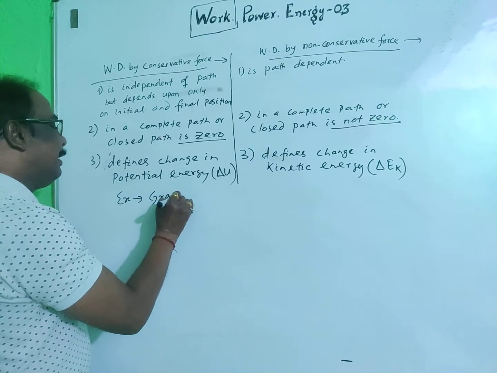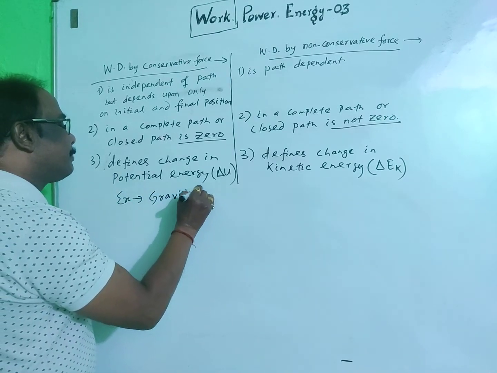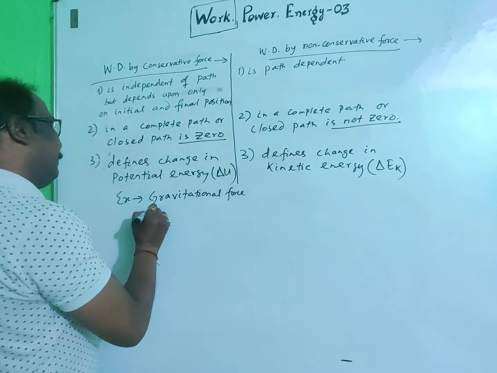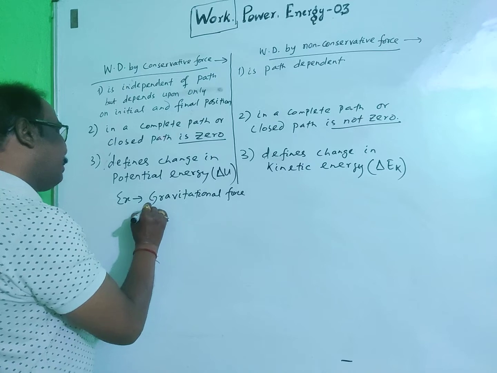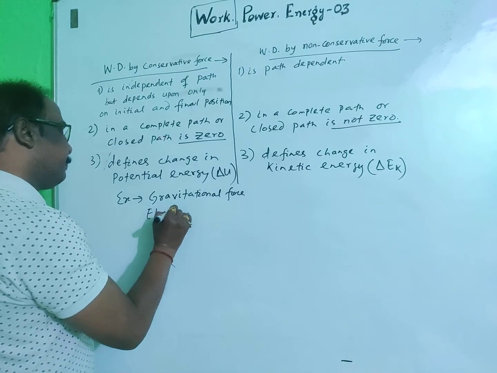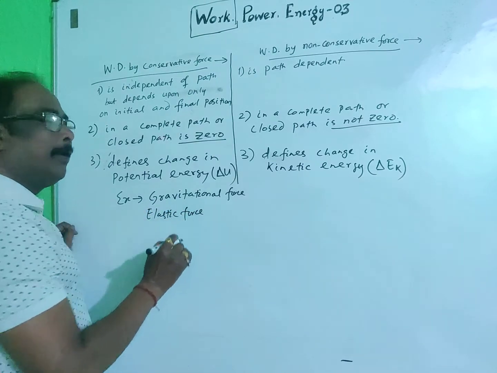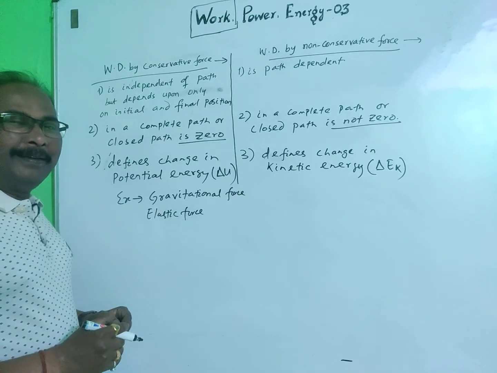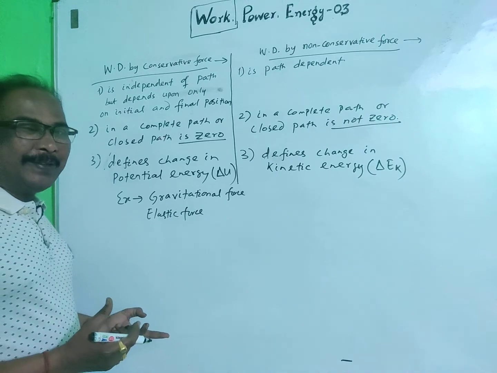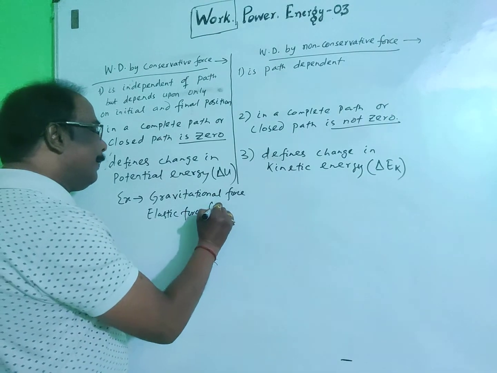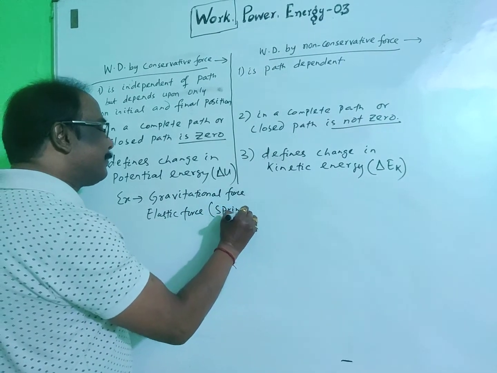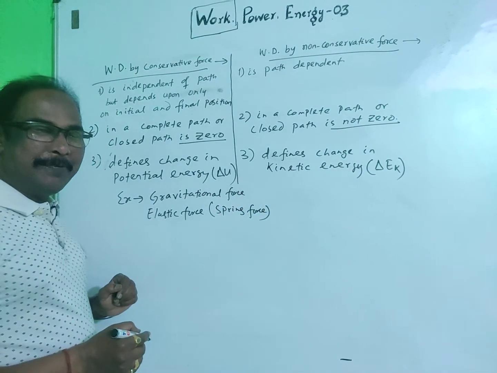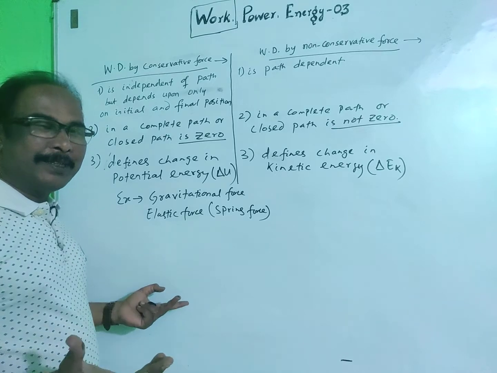Then some examples of conservative force. Best example in 11th is gravitational force. Then elastic force. And we have already discussed under variable work, spring force. Spring force F is equal to minus kx, x is variable, so spring force is variable.